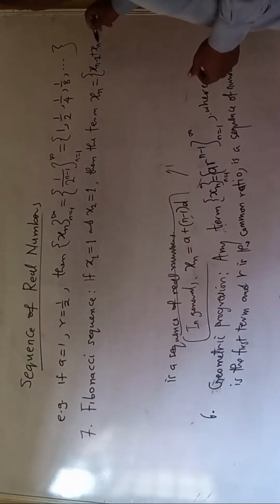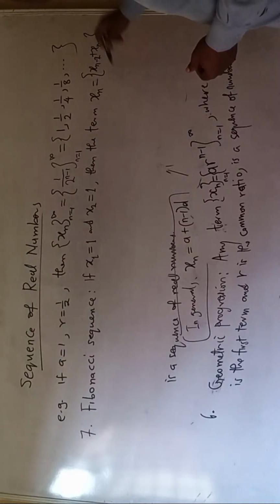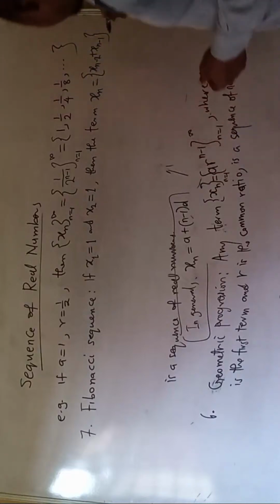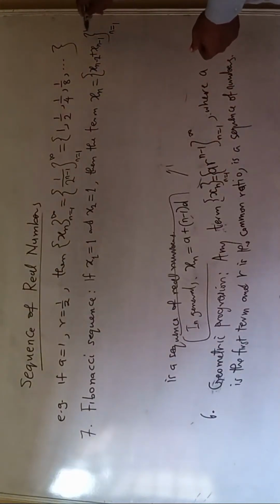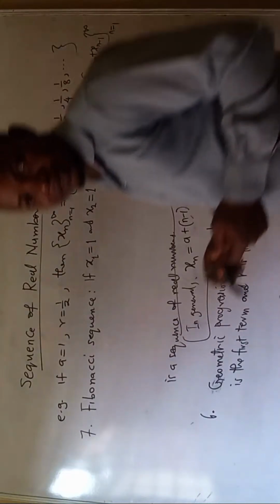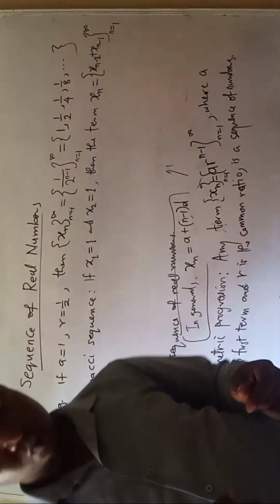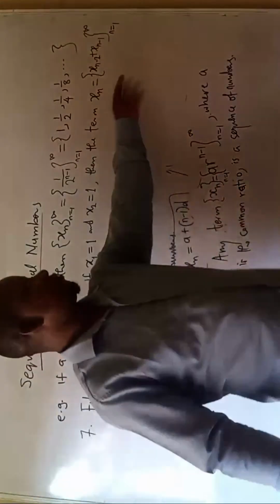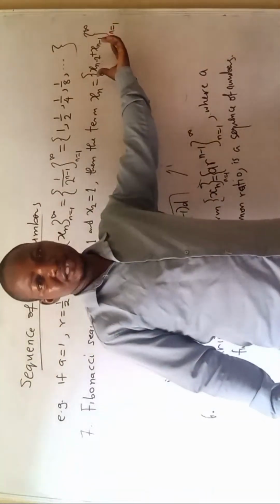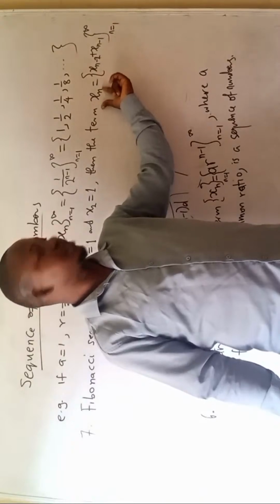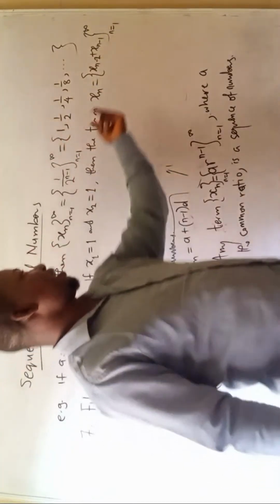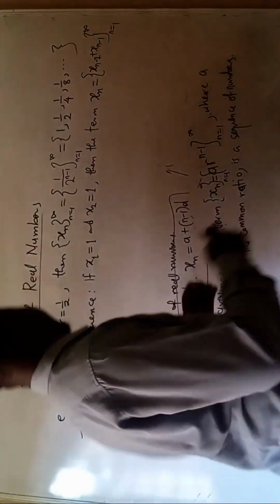Any sequence that we can formulate from this formula is called the Fibonacci sequence. I want to know whether that is clear. Any sequence you can formulate from this is called a Fibonacci sequence. Now let's see when n is 1 here, what do we get?